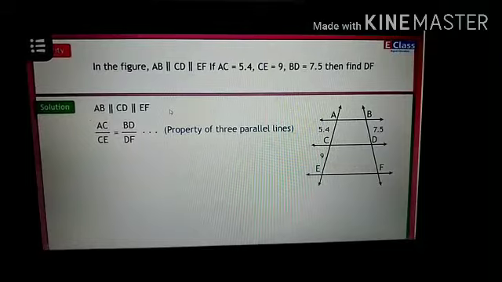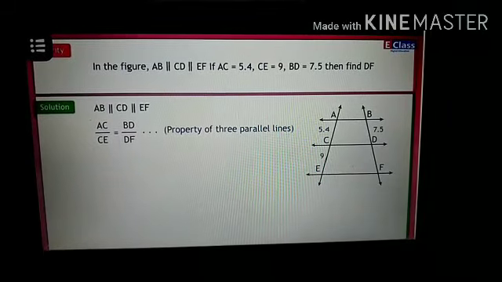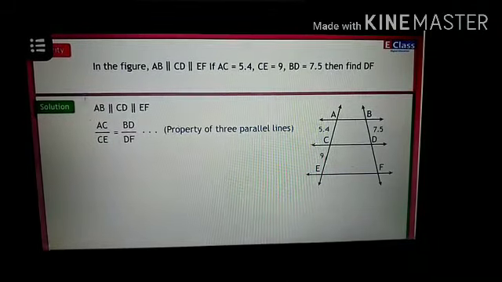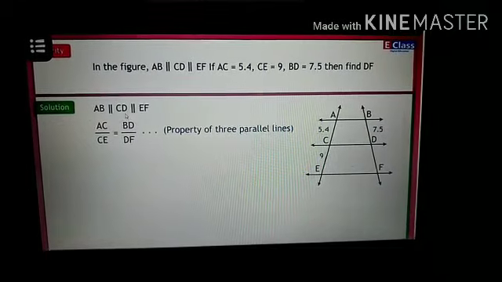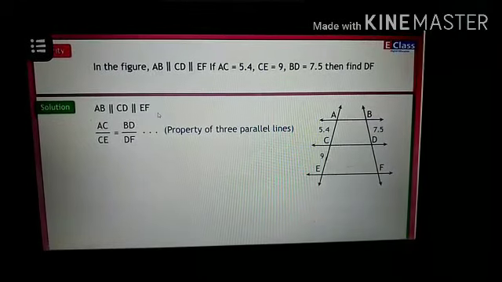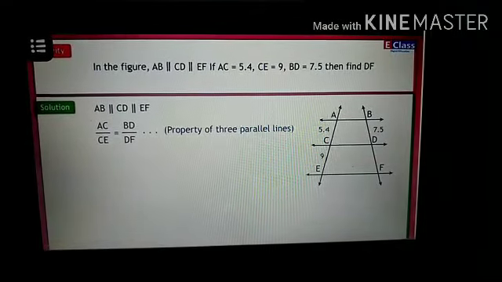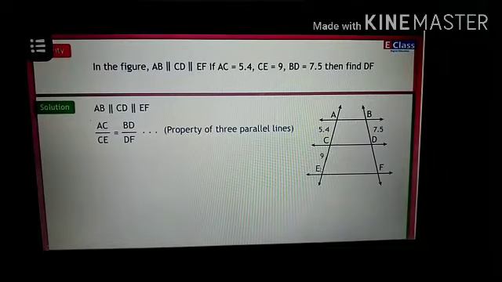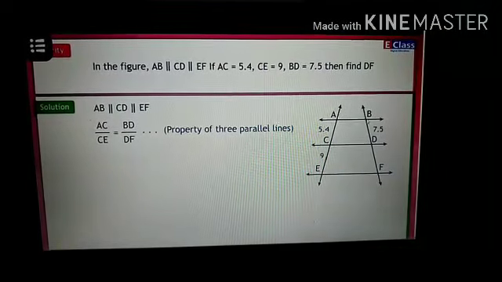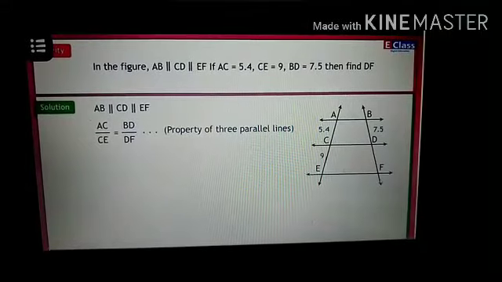First thing we write is the lines which are parallel. So we write AB is parallel to CD is parallel to EF. Now according to the property of three parallel lines, the ratio of their intercepts formed is AC upon CE is equal to BD upon DF.